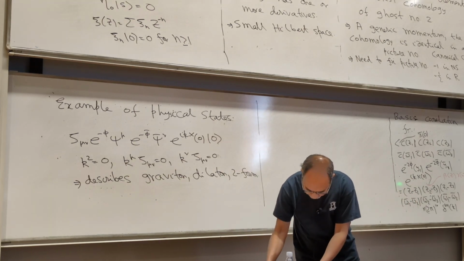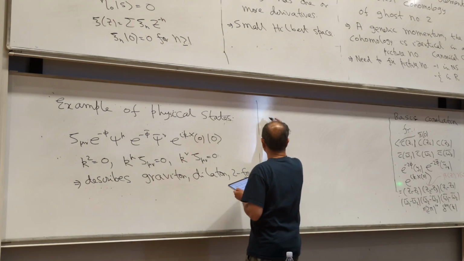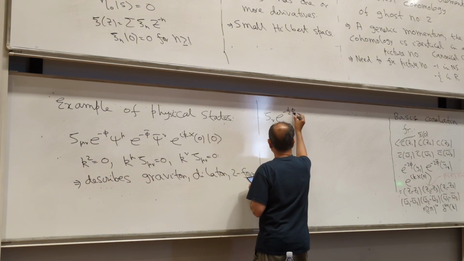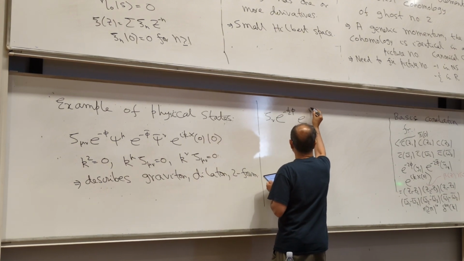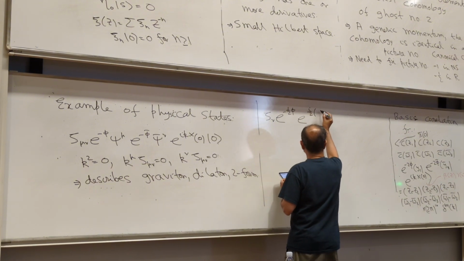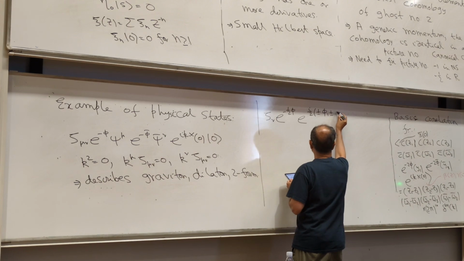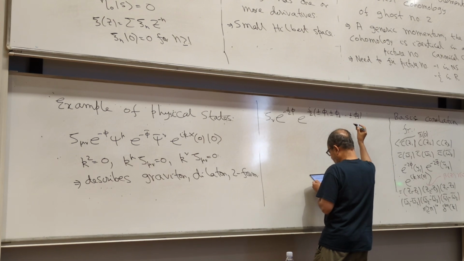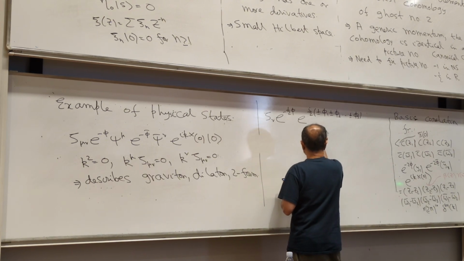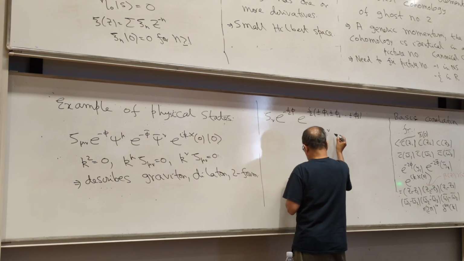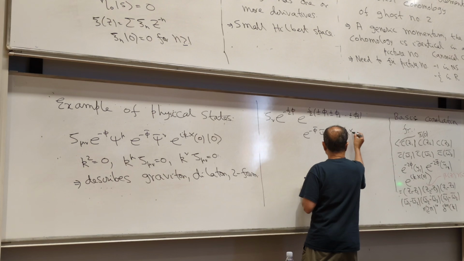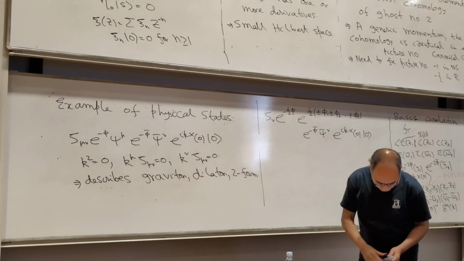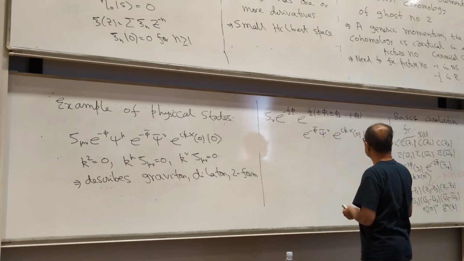The other example is: here the condition is that you have to have an even number of minuses.